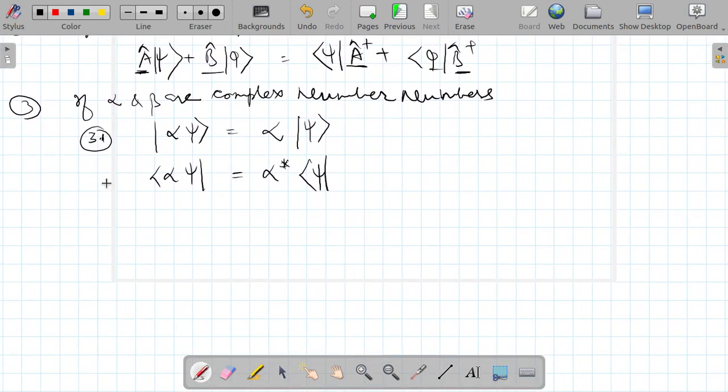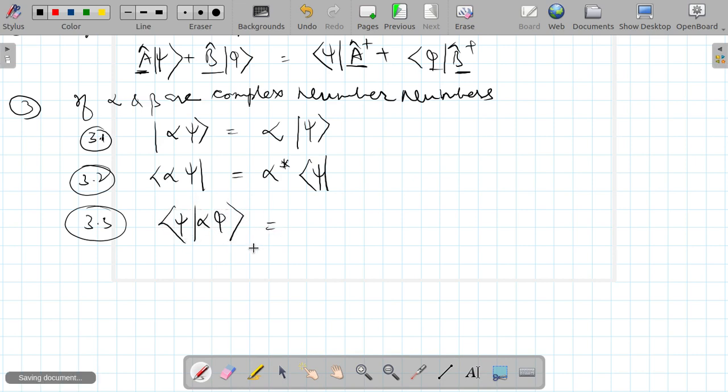Then next is psi alpha phi. Here alpha is multiplied with the ket vector, so this number can be taken outside as it is.